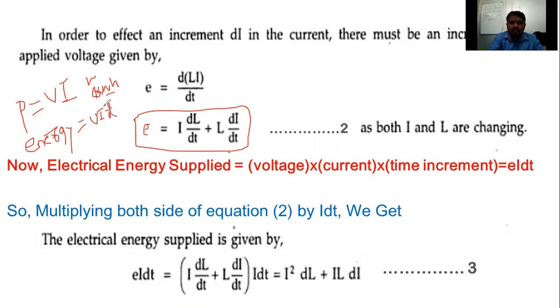So dt we can call that one time change or time increment. The electrical energy supplied is the product of voltage, current and time increment.